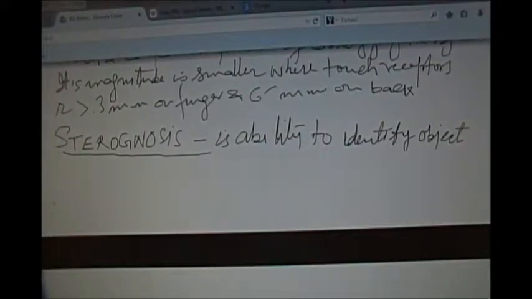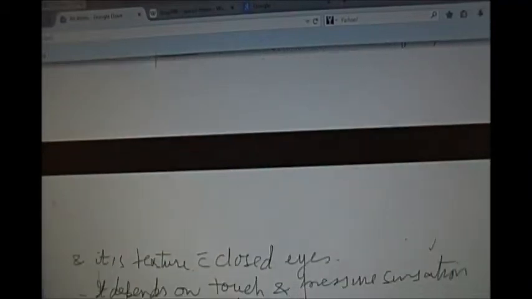What is stereognosis? Stereognosis is the ability to identify objects and their texture with closed eyes and with one hand. It depends on the touch and pressure sensations and the cortical component.